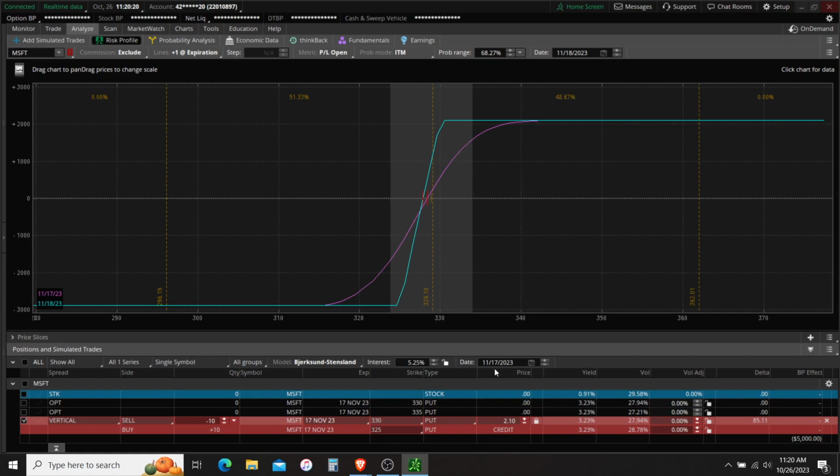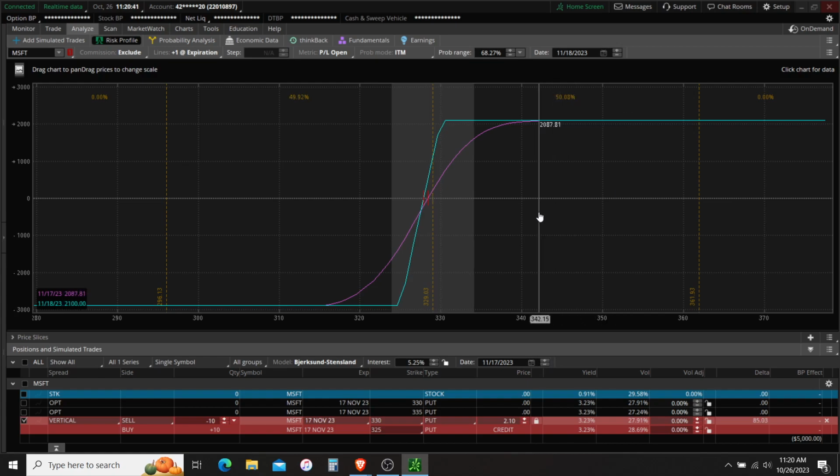So if on November 17th, let's say Microsoft had really good news and it skyrocketed up to $343 per share, we will have already basically made the max profit. At this point, you can just close the trade early. You don't have to wait until the expiration date.